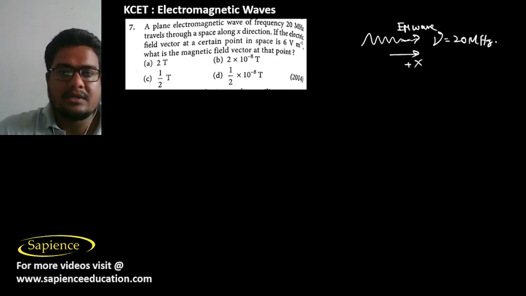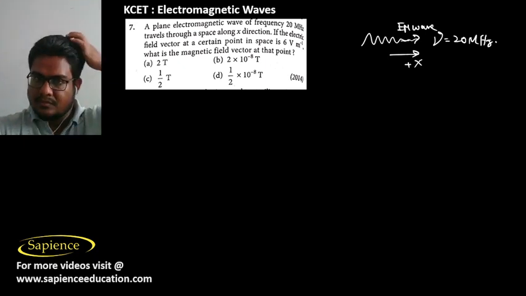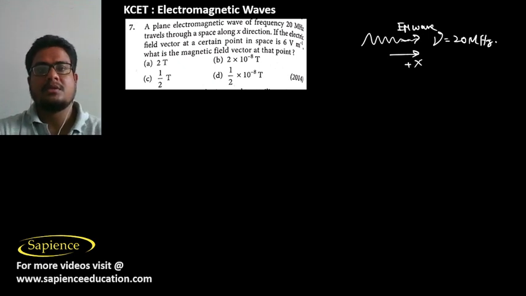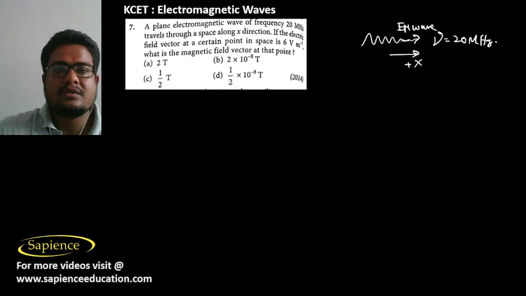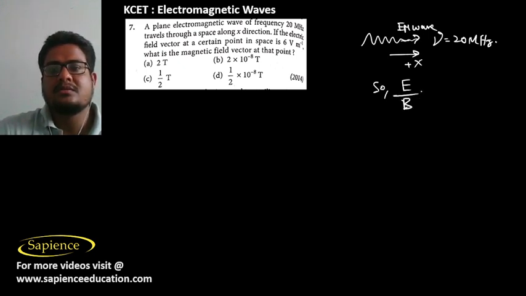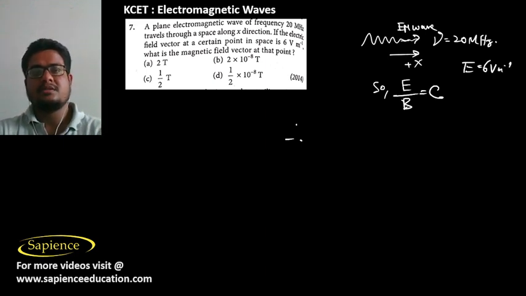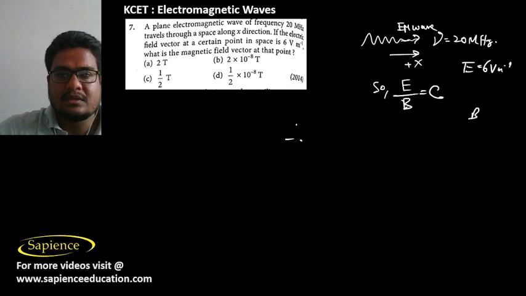If the electric field vector at a certain point in space is 6 volt per meter, what is the magnetic field vector at that point? You know that E by B is equal to C. So therefore, the electric field that is told is 6 volt per meter at a certain point. What is the magnetic field vector?